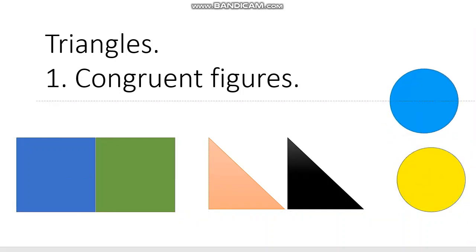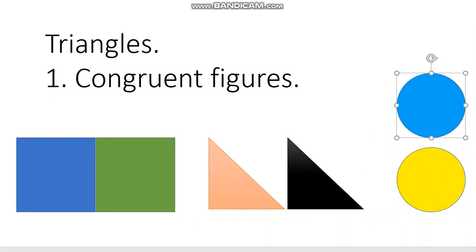Same way here in case of circle. So these type of figures, or we can say that any two geometrical figures which have same shape and same size, or the figures which are duplicate to one another, are known as congruent figures.